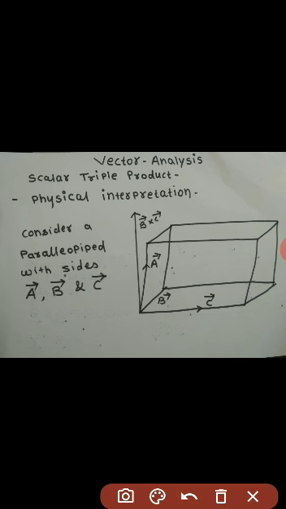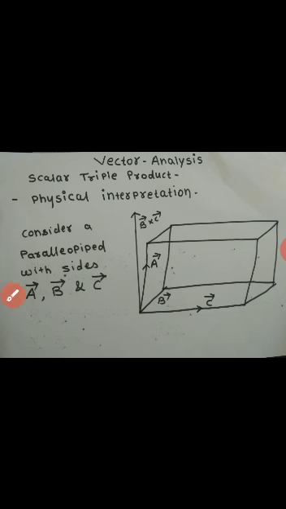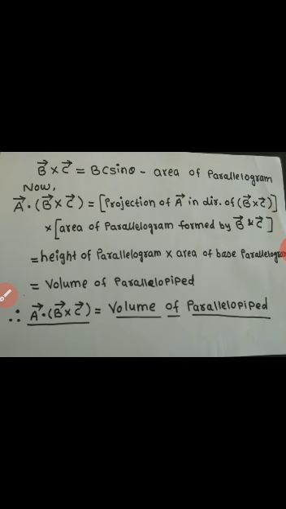In this figure, we have shown a parallelepiped. This parallelepiped has three sides represented by vector A, vector B and vector C. Now, for studying the physical interpretation of the scalar triple product, we can say that the scalar triple product has an interesting physical interpretation.